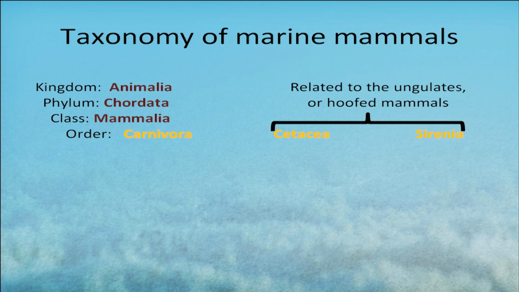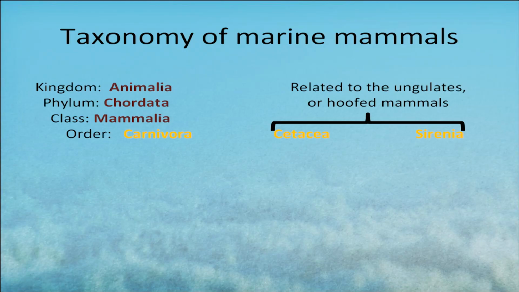And remember, the pinnipeds are going to be the seals and the sea lions and the fur seals. Then we get over to the Cetacea, and the Cetacea sounds a whole lot like cetaceans, and of course you're right, those are going to be the whales and the dolphins. And then finally we get into Sirenia, which include the Sirenians, which we now know to be the manatees and the dugongs. So there, of course, is going to be how those marine mammals get organized.